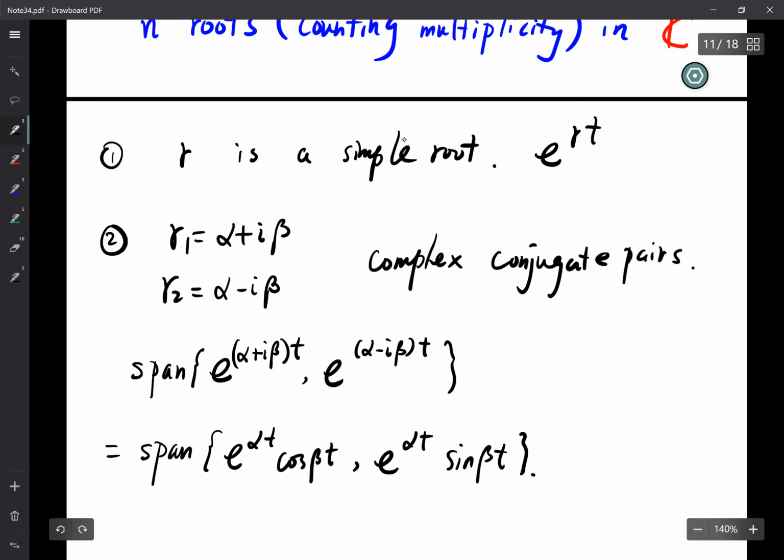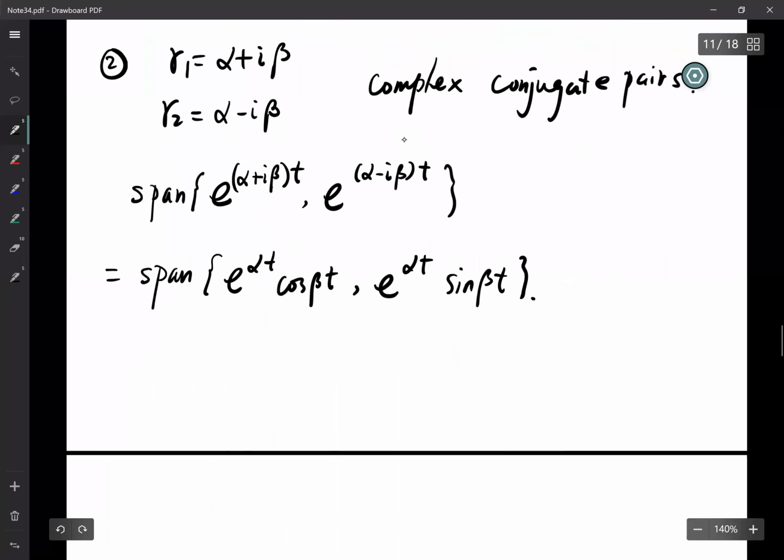You see, it's exactly the same as the second order thing. So this is the second case. The new case is that r is a repeated root of multiplicity k.